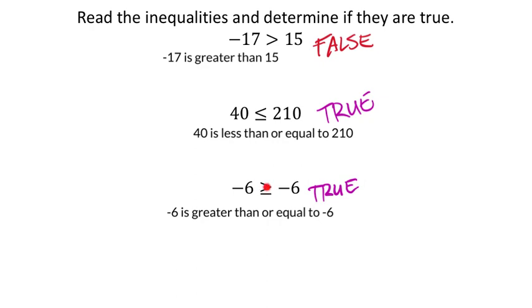That's false, but the equal part is what makes this true. Now again, just a quick hypothetical: if there was no equal sign on this, it would be false. If it was just written as negative 6 is greater than negative 6, that would be a false statement because negative 6 is not actually greater than negative 6. But since now the statement is including the equal sign, okay, we're good.